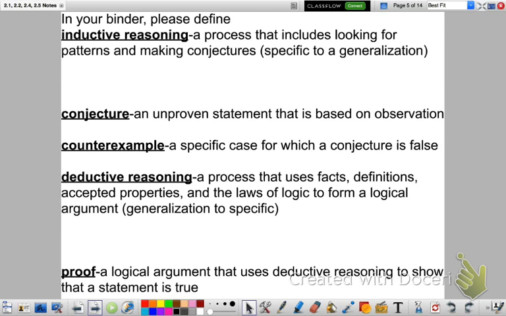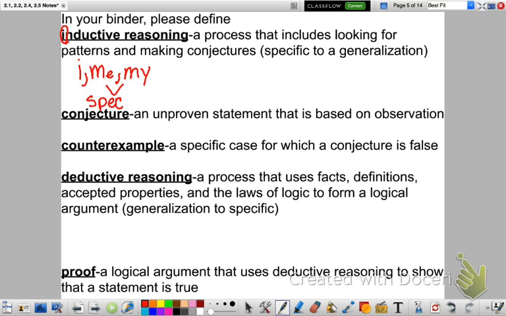Inductive reasoning. Inductive reasoning starts with the letter I. I, me, my. I am a specific individual.